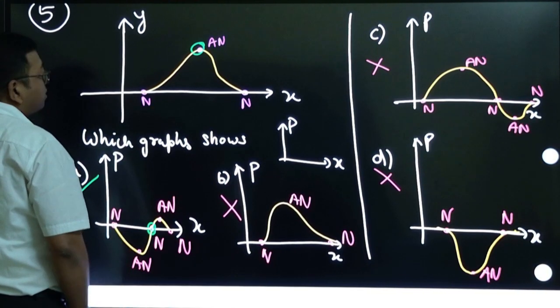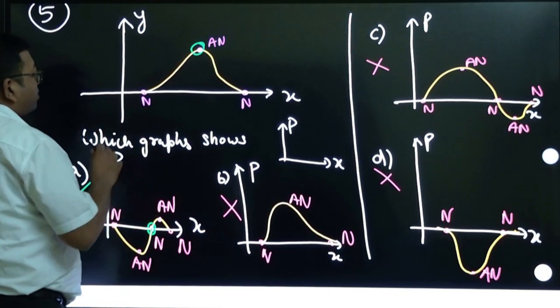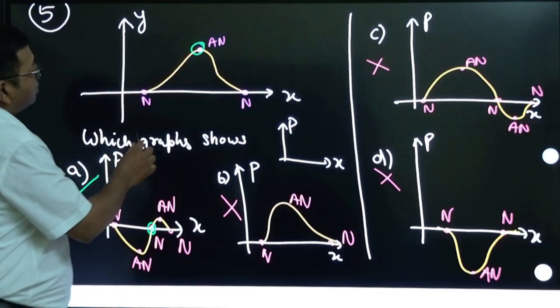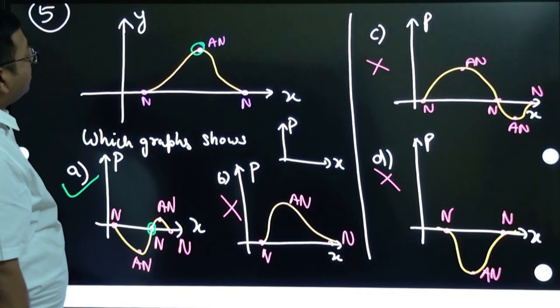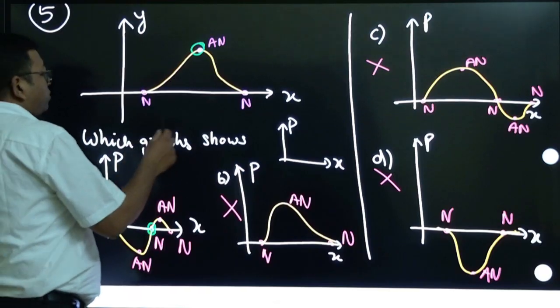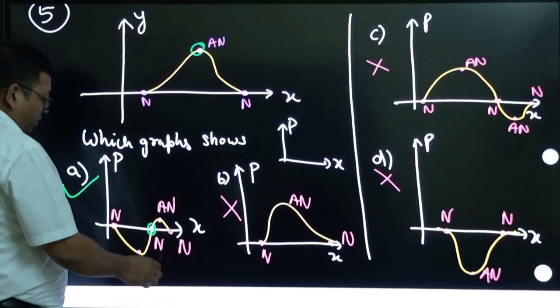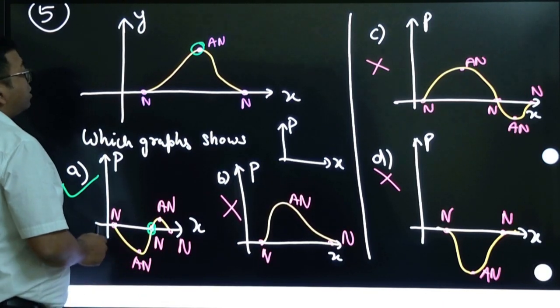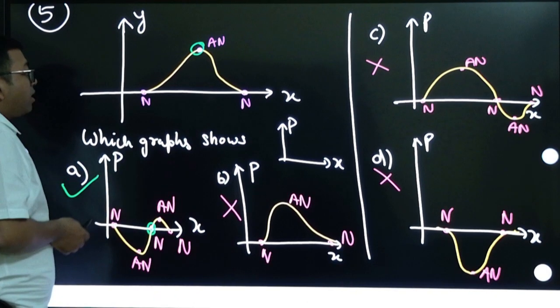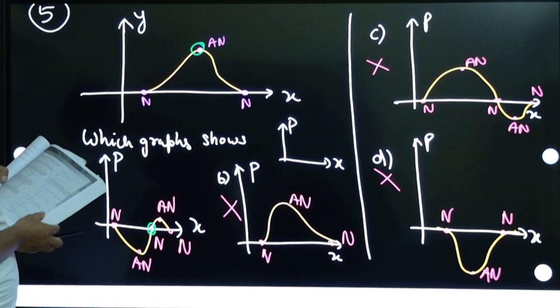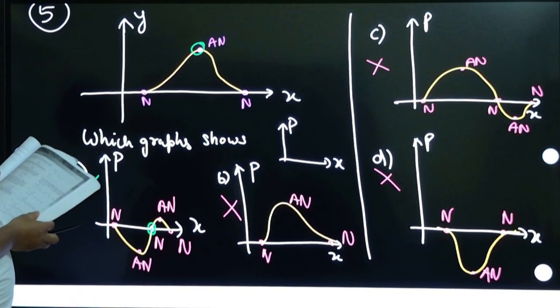This side, I think they should have given the full graph. They have given only one peak. One peak means two nodes will become two antinodes. That means up to this much the antinodes are okay, but they did not show the graph further. They have not shown further things in the graph.